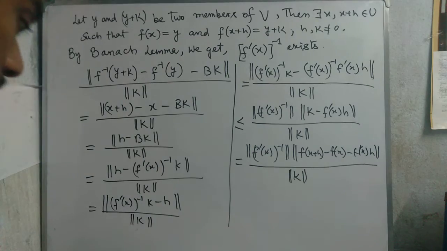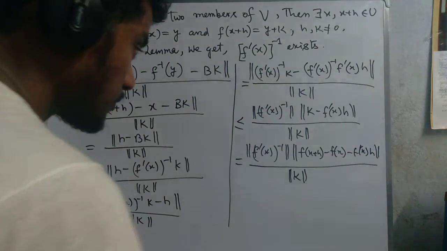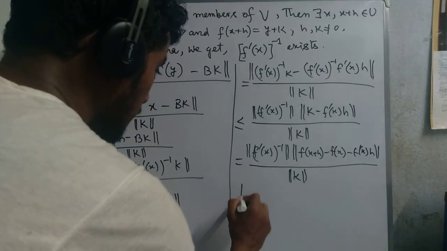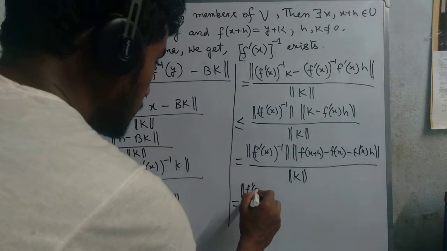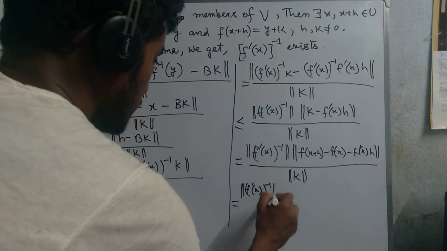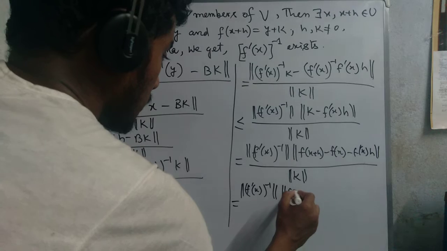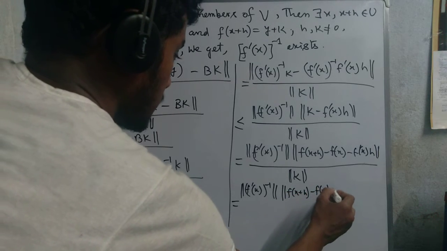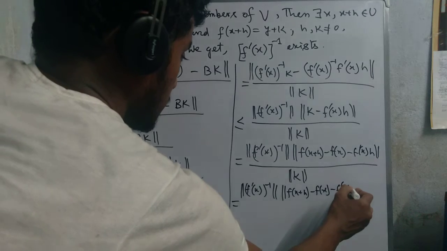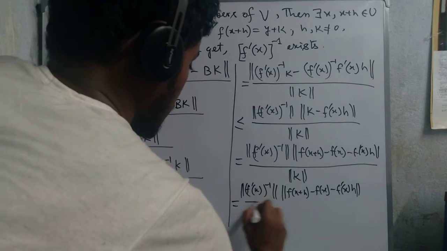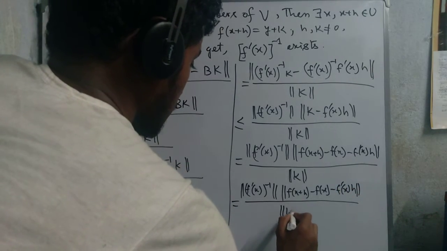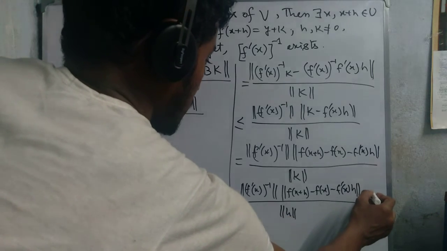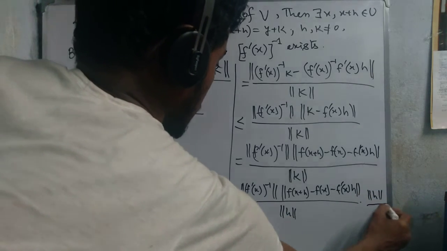Here we write: the norm of (f'(x))⁻¹ times the norm of f(x+h) − f(x) − f'(x)h, divided by the norm of h, times the norm of h by the norm of k.